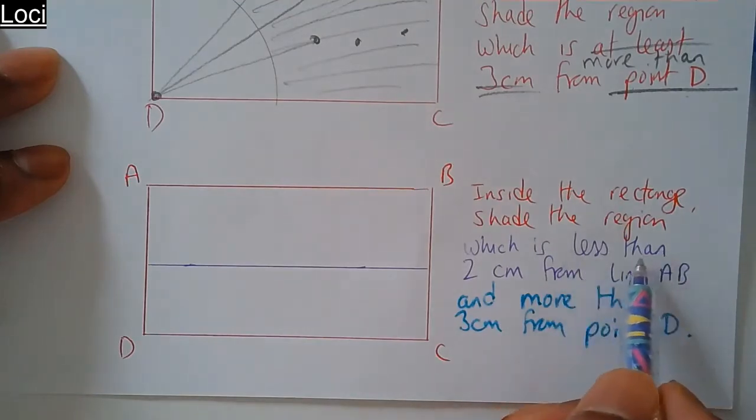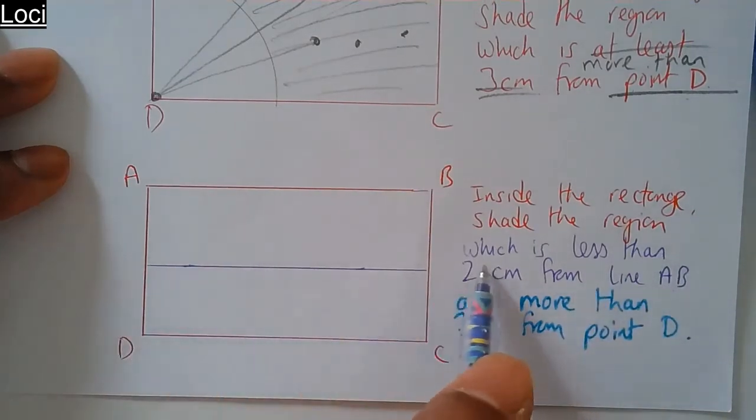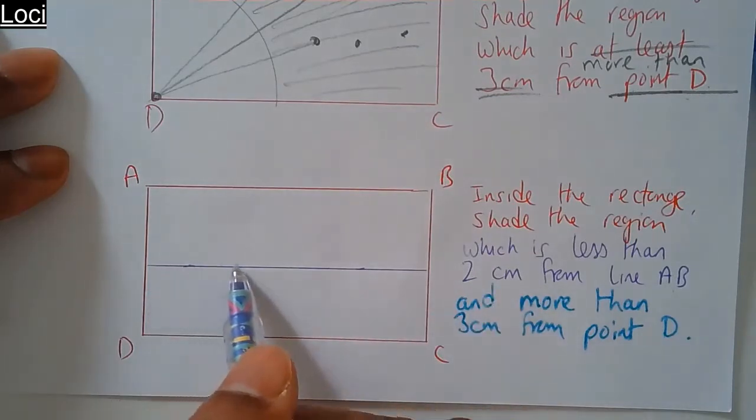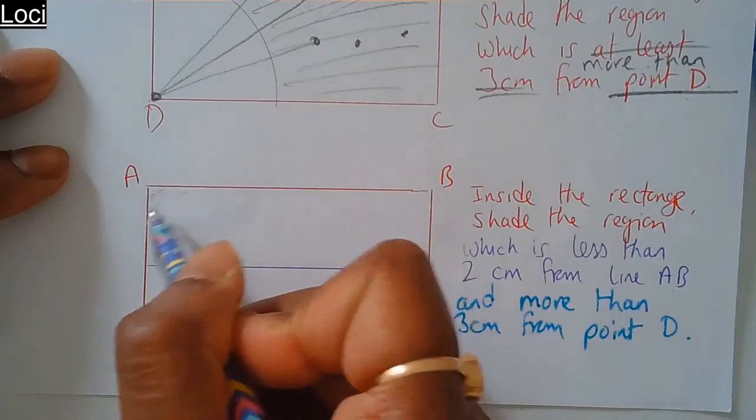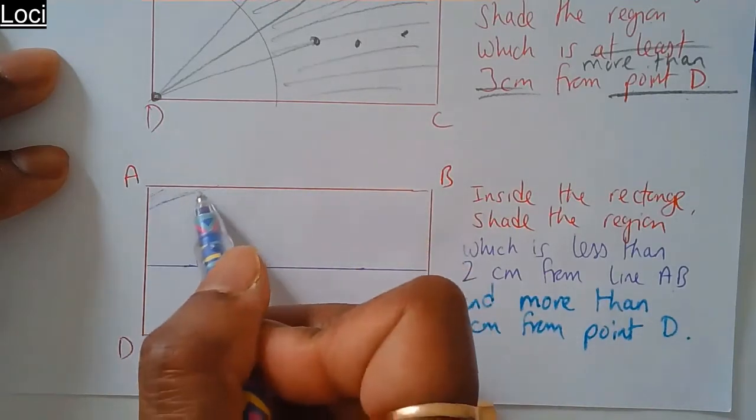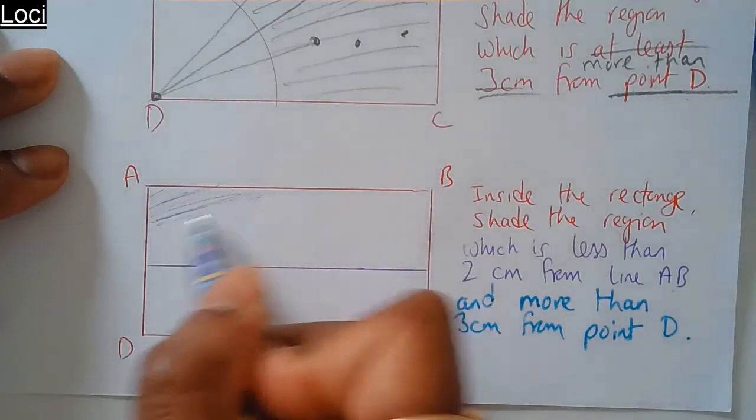So it's less than 2 centimeters. That is 2 centimeters away from line AB. So all of this is less than 2 centimeters from line AB.